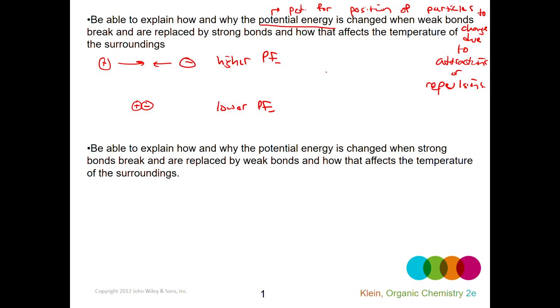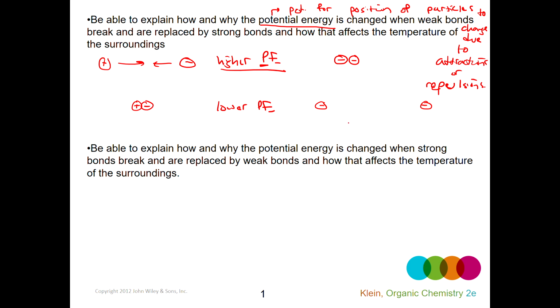Likewise, if the particles are the same charge and they're close together, well, there's the potential for their repulsions to push them apart. So that's a higher potential energy versus if they are far enough apart where their repulsions aren't likely to push them much further.